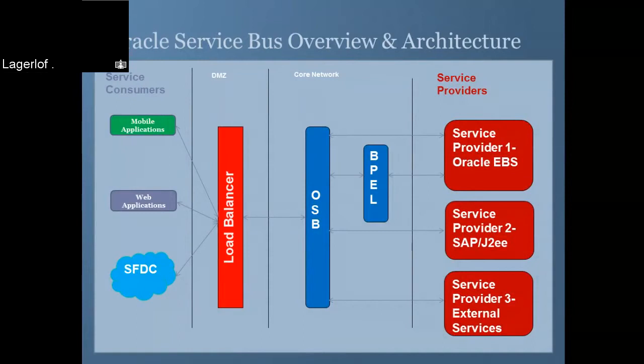an OSB instance. And the service consumers could be mobile applications, web applications, or cloud-based platforms like SFDC or Workday. So these service consumers will invoke the OSB service using a SOAP or JSON-based RESTful protocol.